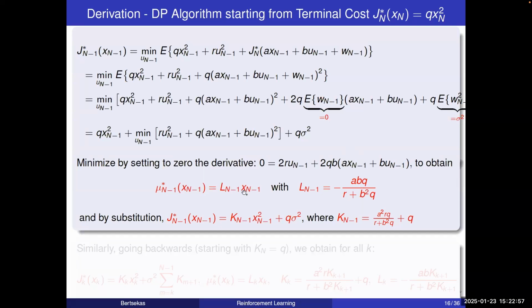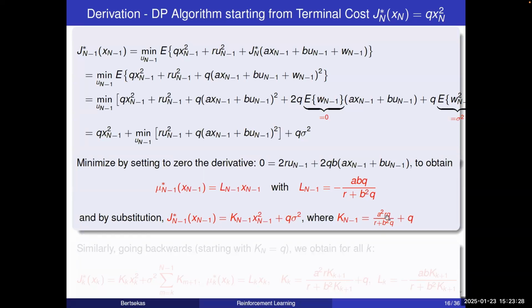So all of this can be computed. Moreover, we can take this optimal and plug it in here, and then do all the algebra. What we're going to obtain is a quadratic function of xn minus 1, where the coefficient of the quadratic is given by this formula here. Basically, linear control gives you quadratic cost.